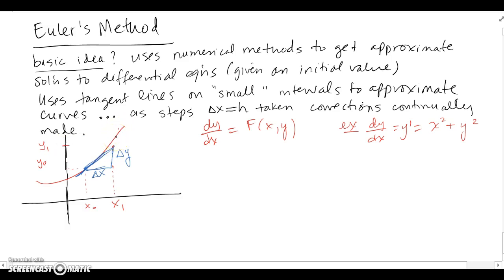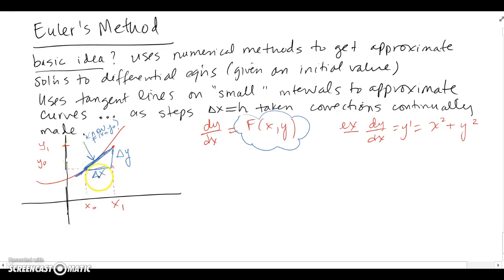Now another thing to notice is that this tangent line I'm looking at, we know its slope, because that's what the slope is at that point. So that's just going to be f of x0, y0, because it's the slope of the tangent line through that point x0, y0.